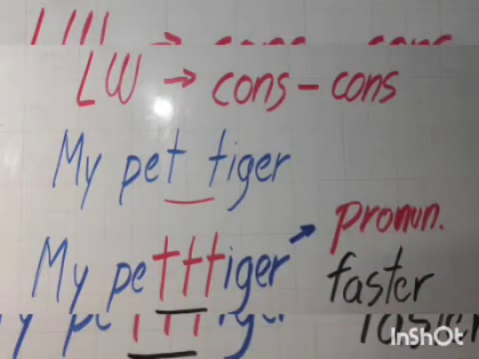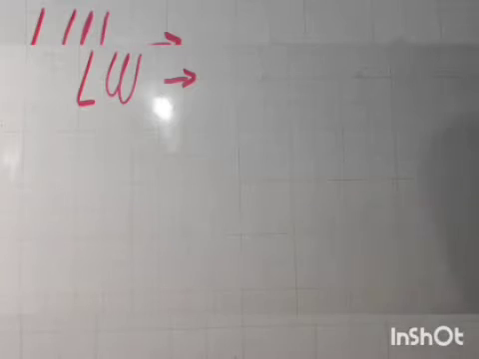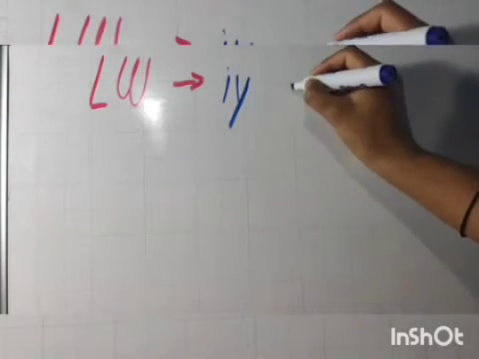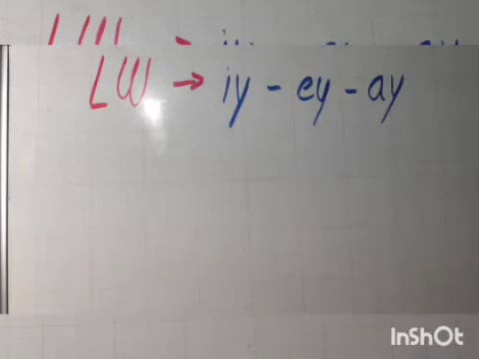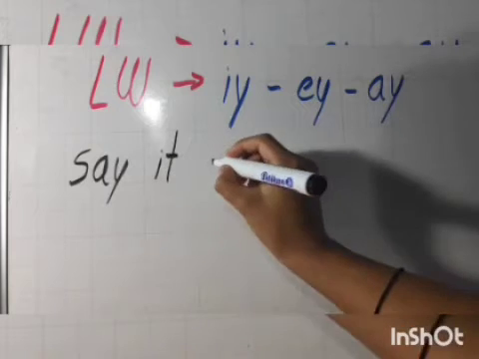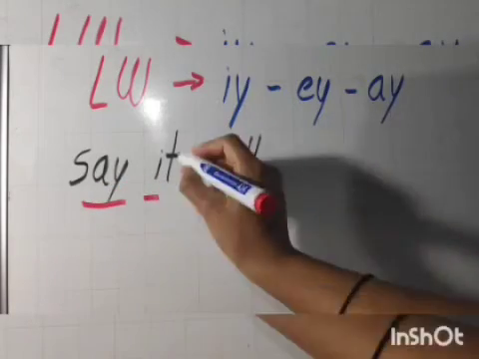On the other hand, we have another interesting kind of linking. We have the terminations E, A, and I. We have the example "say it well." In this case, we have the linking between say and it, and that results in "say it."